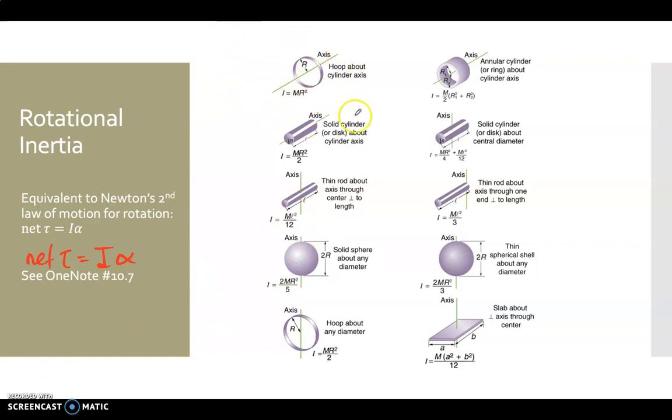So say this one, a hoop about cylinder axis, its inertia is going to be its mass times its radius squared. But then if you go to a solid cylinder, it's going to be mr squared over 2, and so forth. So whatever shape you are observing, you want to make sure that you are using the right inertial equation.